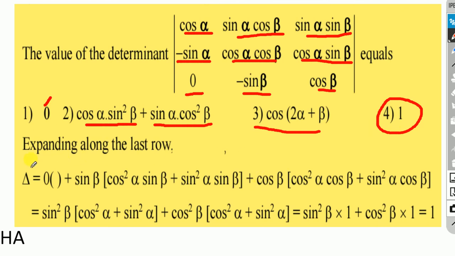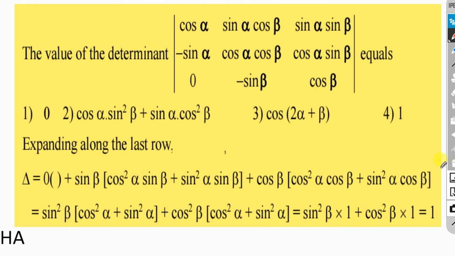So let us expand along the last row because I have a 0 here. I can even expand along column 1 also, but here we are expanding along the last row. So we will see what will be the answer.